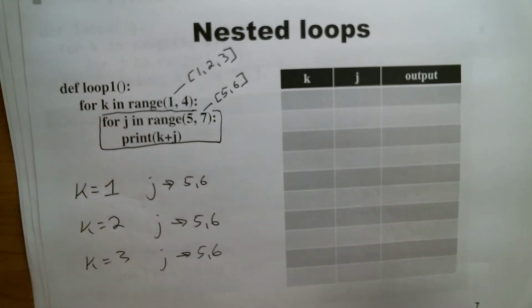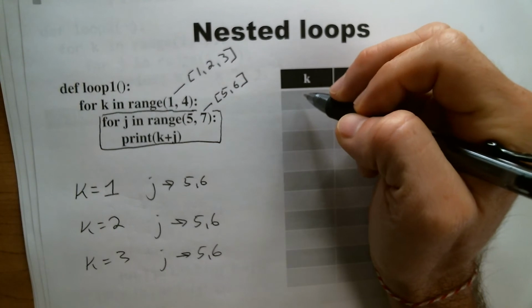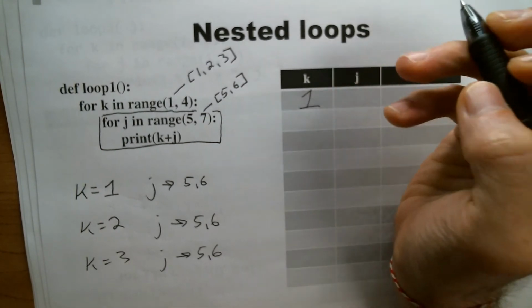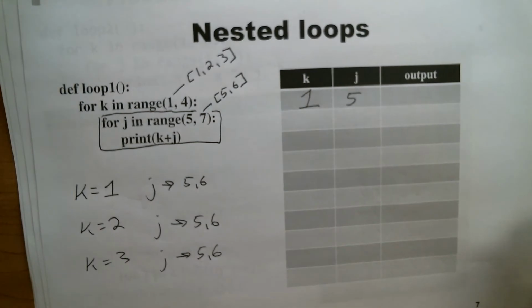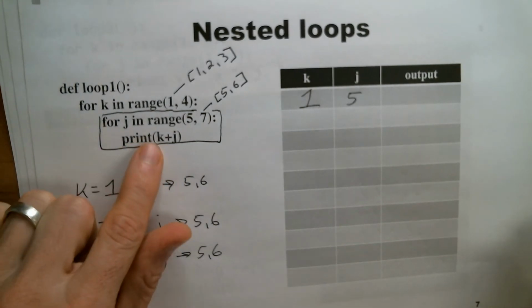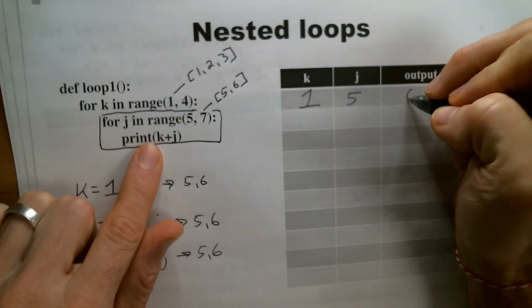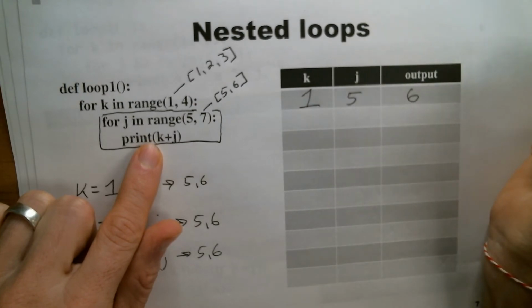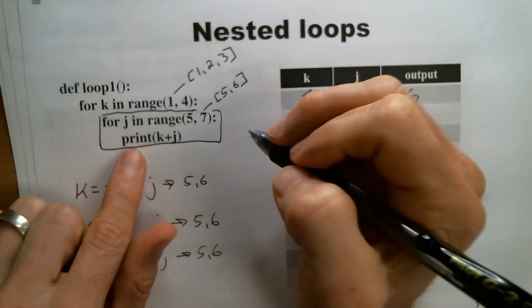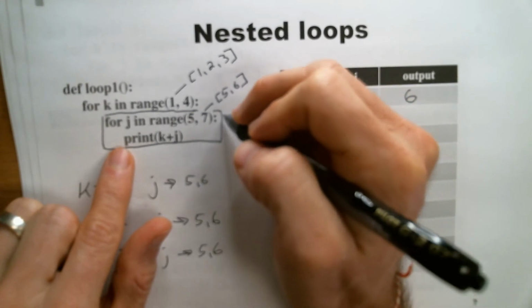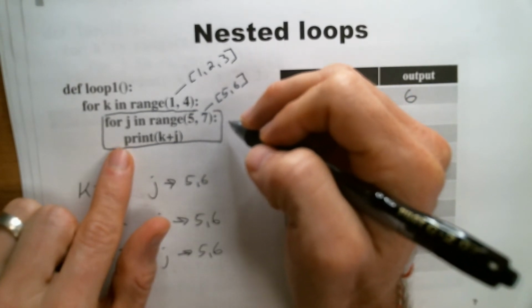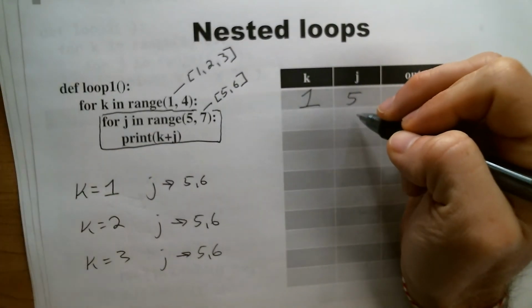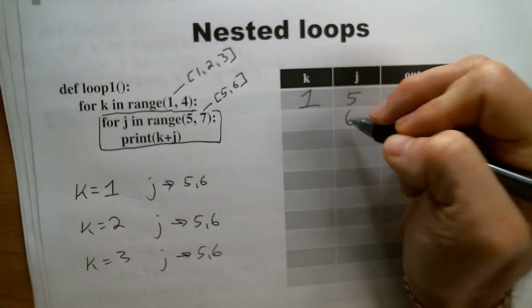All right, so if we're tracing this, K starts off at 1, J starts off at 5. So when we print out K plus J, we're going to get the output of 6. Then we stay stuck in this loop. We don't get out of this loop. So J is going to go to 6.